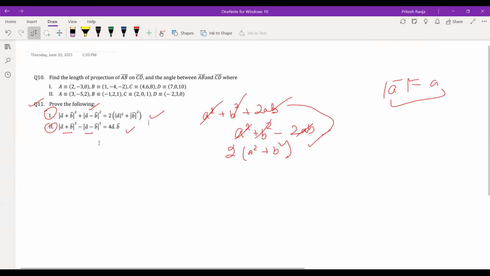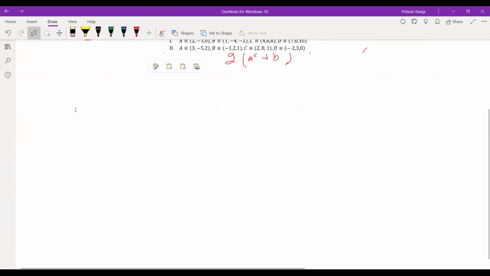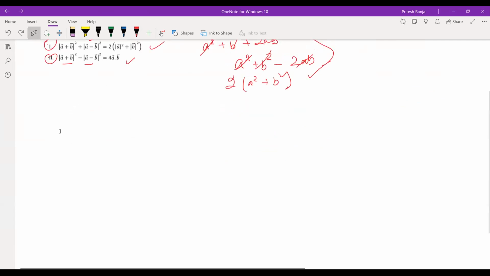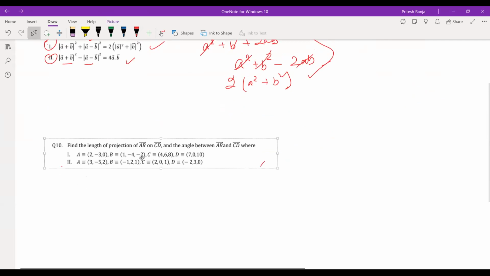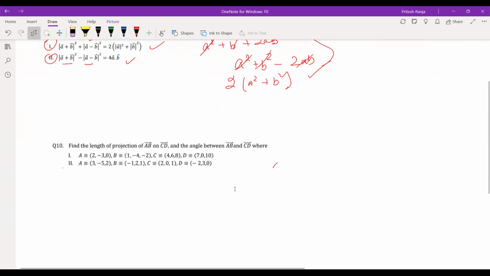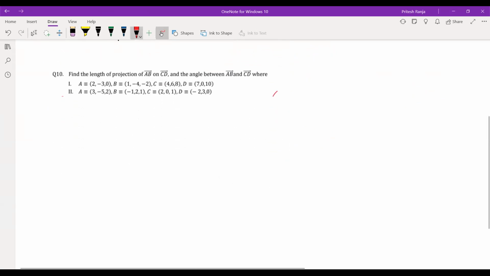Number 10 we will do. Quickly we'll do number 10. Find the length of projection of AB vector. So first you have to get AB vector. I'll do only one. Number 2 will be exactly the same approach. So let us write A vector as 2i minus 3j plus 0 k cap.